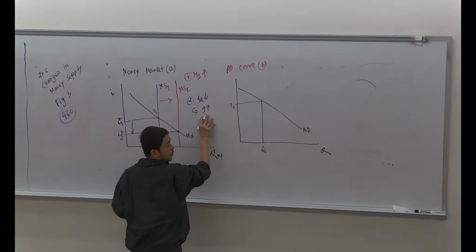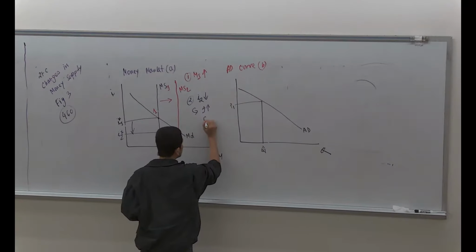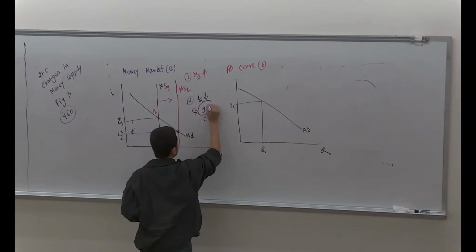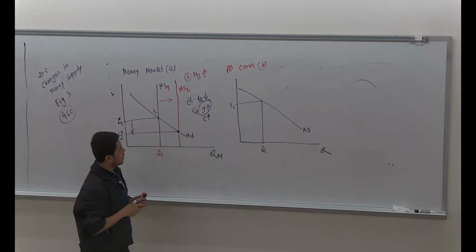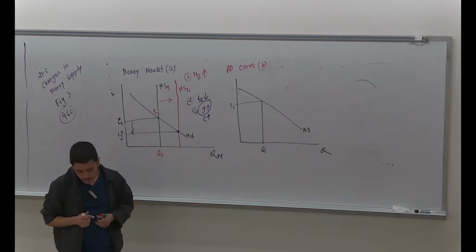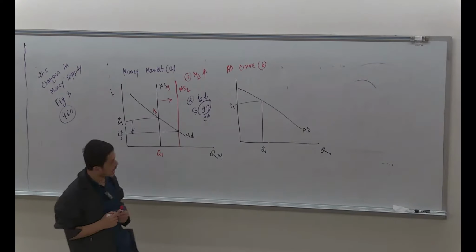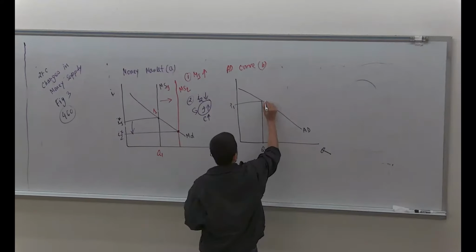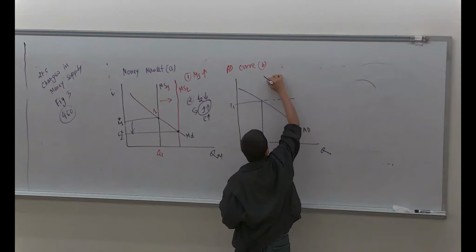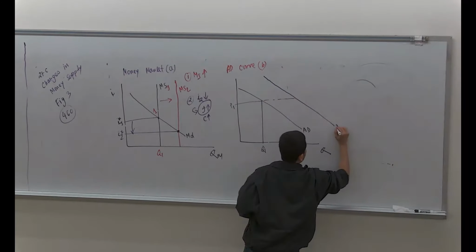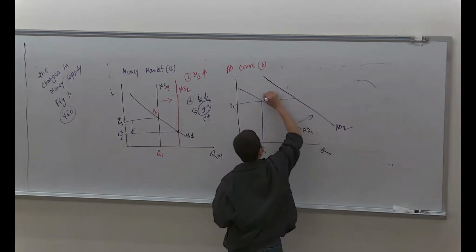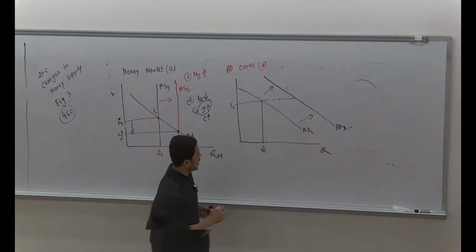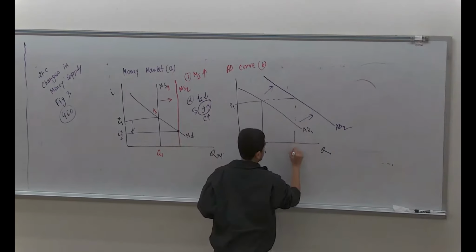This is the most important thing, the investment. Consumption also goes up, but the most important is investment. And when investment and consumption go up, aggregate demand shifts to the right, and this is Q2.